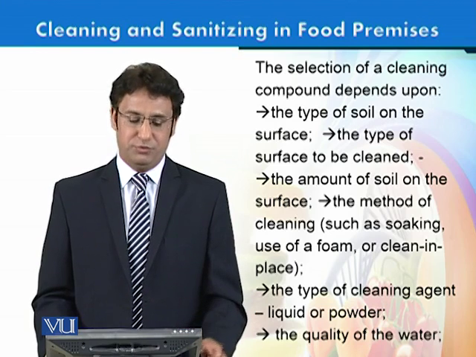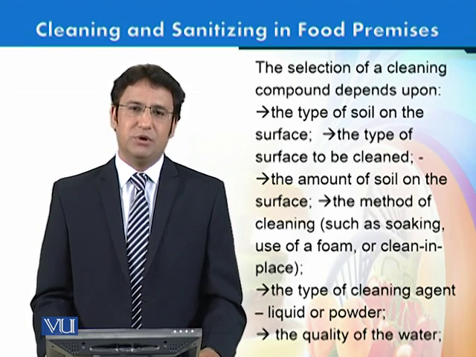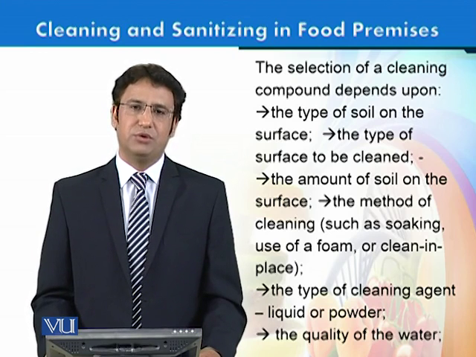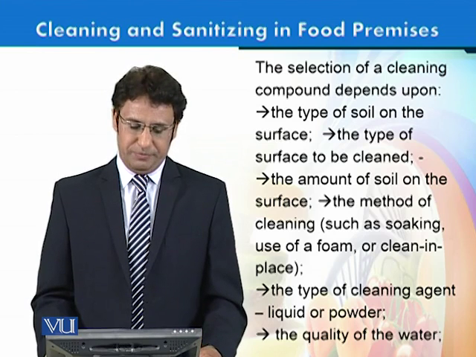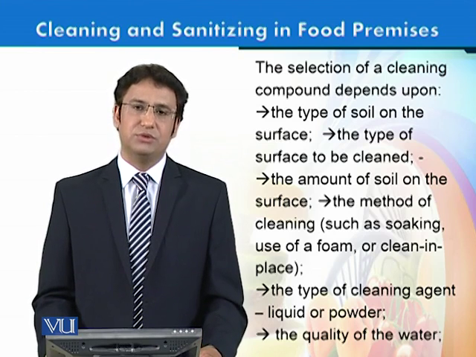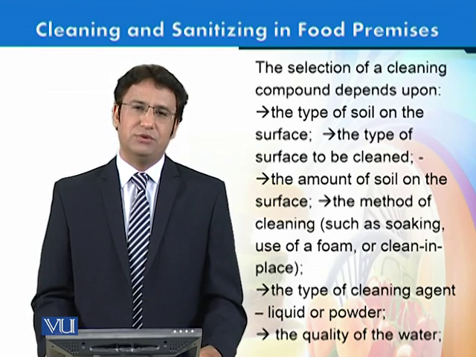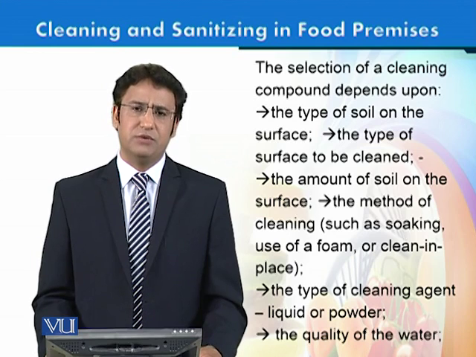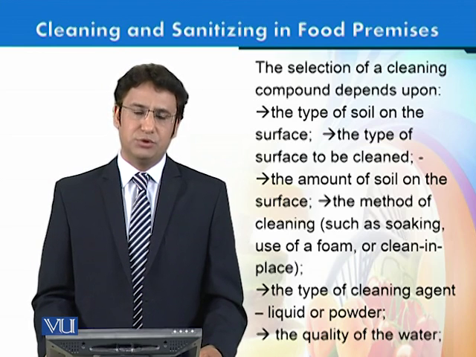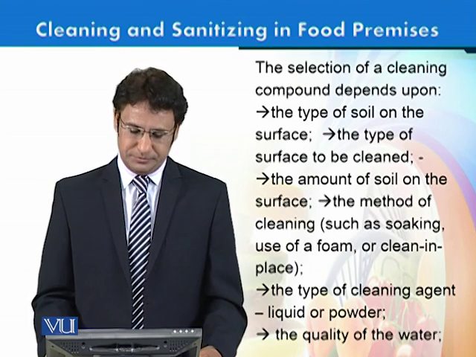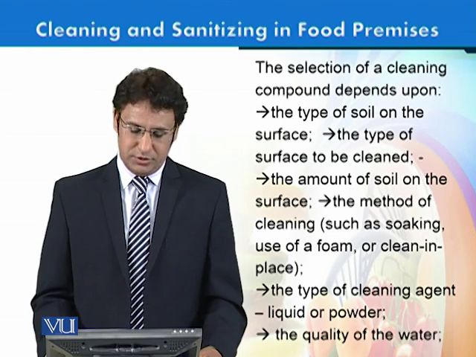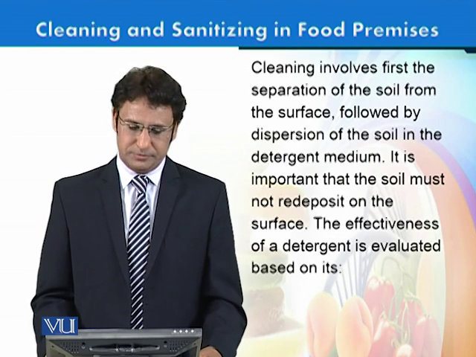From where are we removing that soil, what is the amount of soil to be removed, and what is the method of cleaning: whether we are only going to soak, whether we are going to use foam, or whether we are using the cleaning in place or CIP process. This is generally done for milk and juice product process lines. Then we have to look at the type of cleaning agent, whether it's liquid or powder, and the quality of water that has to be used.